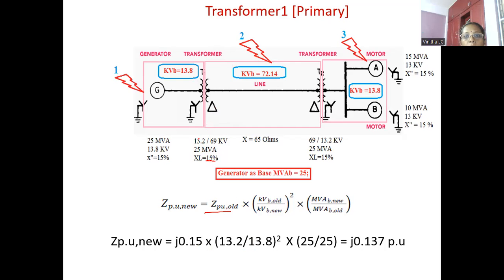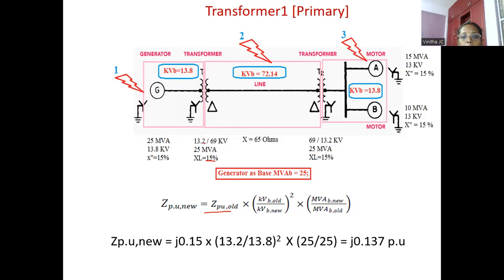It is 13.2. While calculating the per unit value of a transformer, we can consider the primary side, low tension side or high tension side, whatever it may be, we will get the same answer. Here it is considered as the low tension side of the transformer.